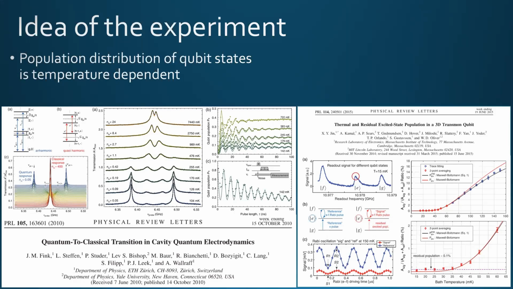In some sense, a qubit can be considered an ideal thermometer because it has a very small heat capacity, which is just one photon, which can be used to excite it from the ground to the excited state.